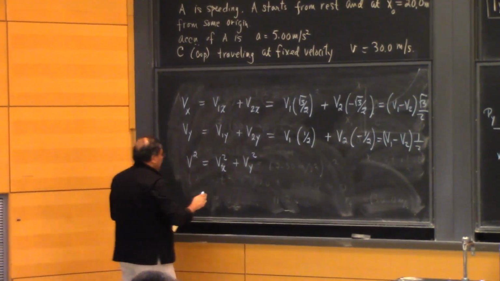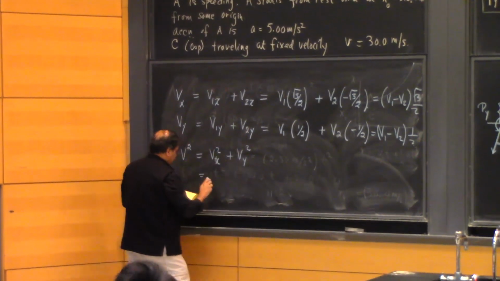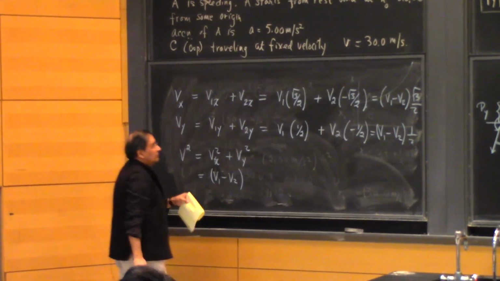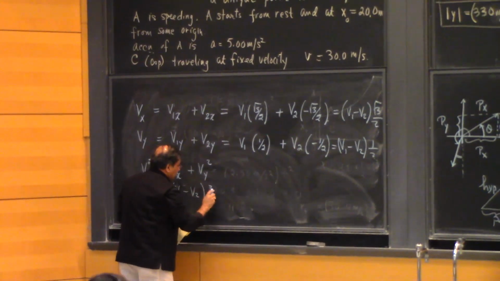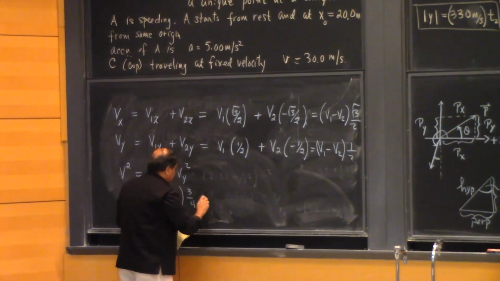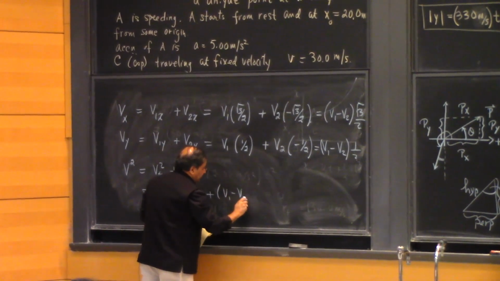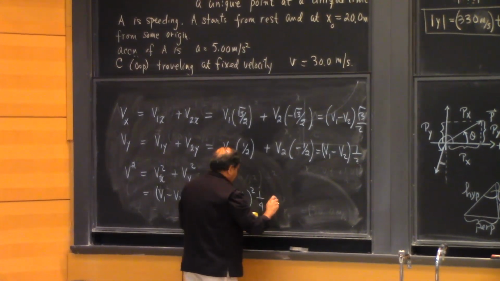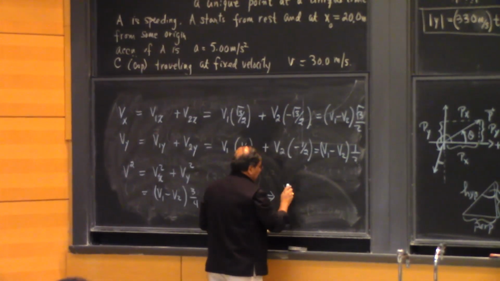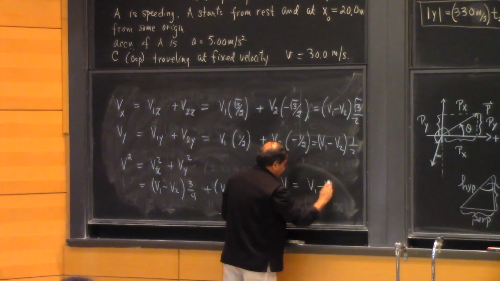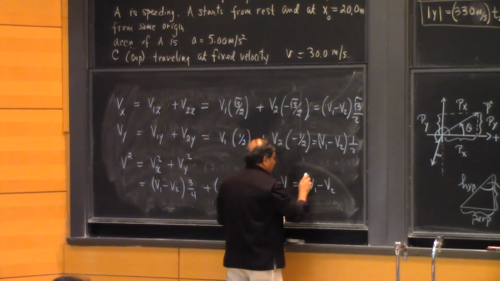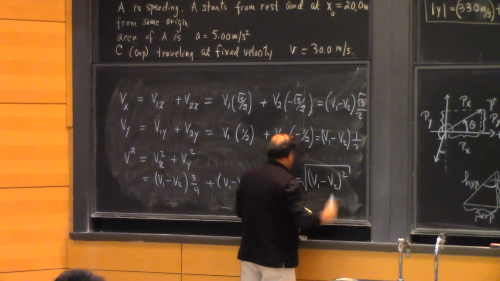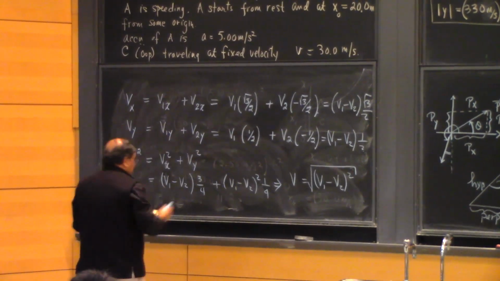And so Vx squared is V1 minus V2 squared times 3/4, because root 3 over 2 squared is 3/4. And the other one would be V1 minus V2 squared times 1/4, which means that V would basically be V1 minus V2 squared to the half power. So that's basically the difference.